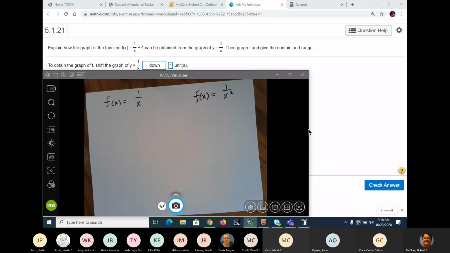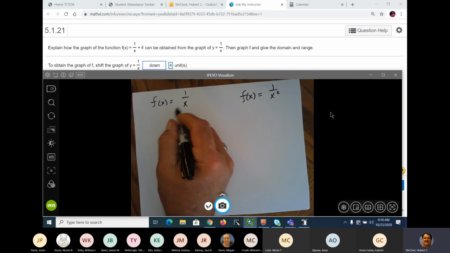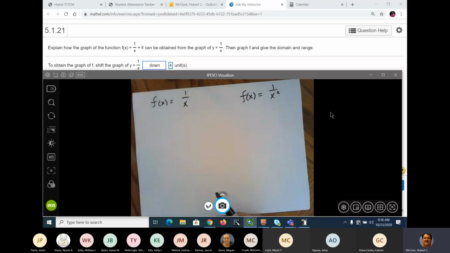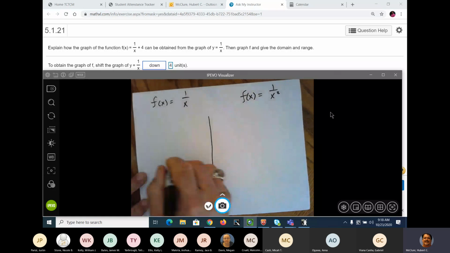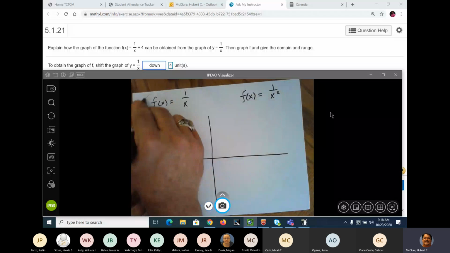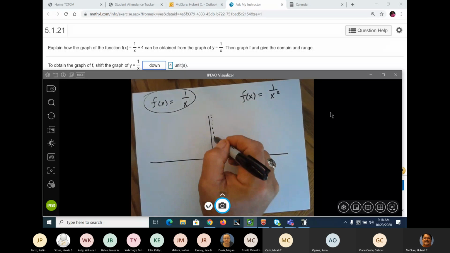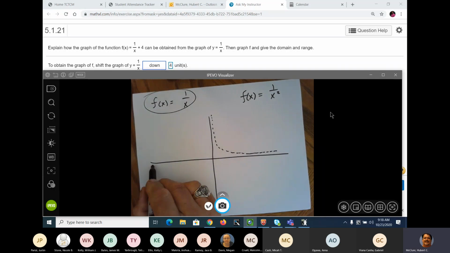I went over some examples, like 1 over x plus 2. This one is f of x, so this is 1 over x. So we're going to compare it to this parent graph. The parent graph is actually like that. That's 1 over x.